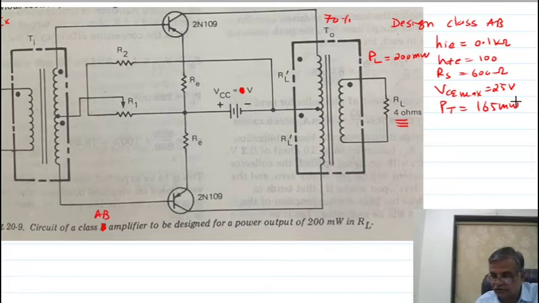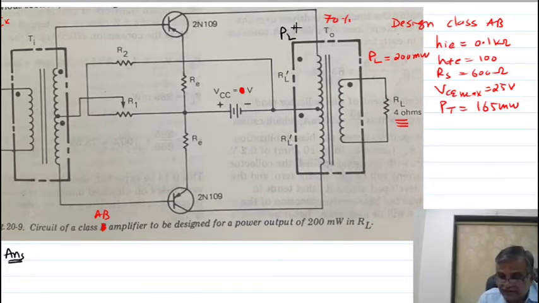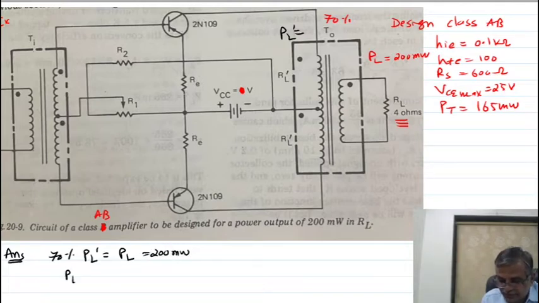Now let us start. Answer. You know this is 70%. So here is PL dash. So 70% of PL dash should be equal to PL. It is 200 milliwatt, so PL dash should be 285 milliwatt.